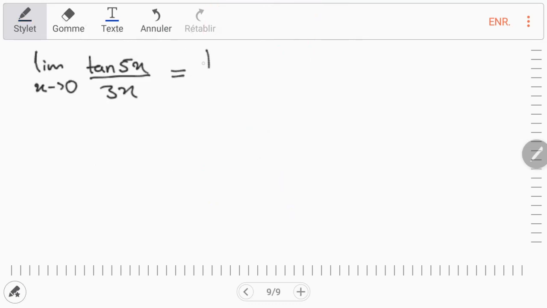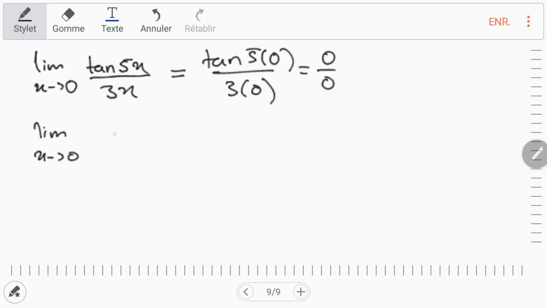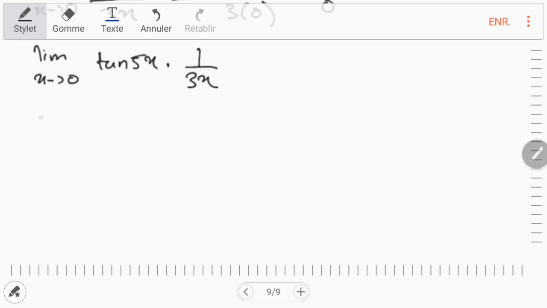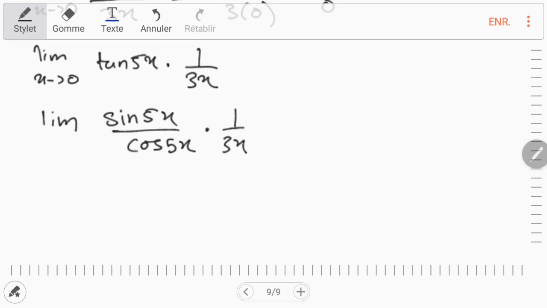Here is the same as tan 5 into 0 all over 3 into 0, which is 0 over 0, indeterminate, but we can simplify it as the limit as x approaches 0 of tan 5x times 1 all over 3x. Knowing that tan 5x is the same as sine 5x all over cos 5x times 1 all over 3x, the limit as x approaches 0.